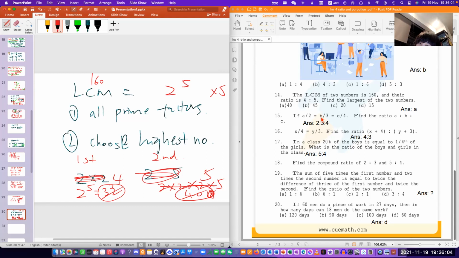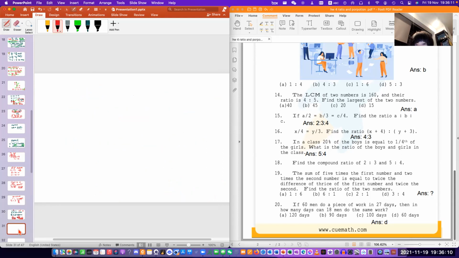All right. A divided by 2, find the ratio. Wow, I'm afraid you are wrong for this question, and this is a very common mistake. A over 2 equals B over 3 equals C over 4. For this question, you need to make the denominator the same first. How do you make the denominator the same?